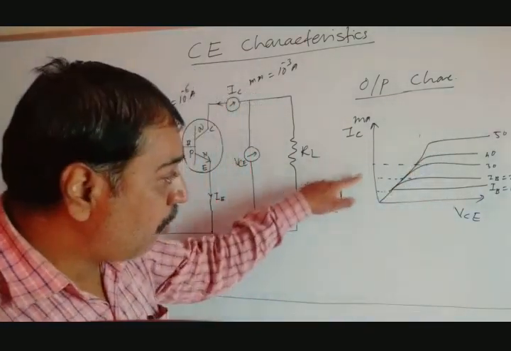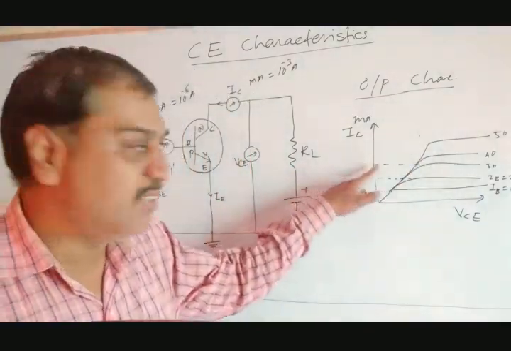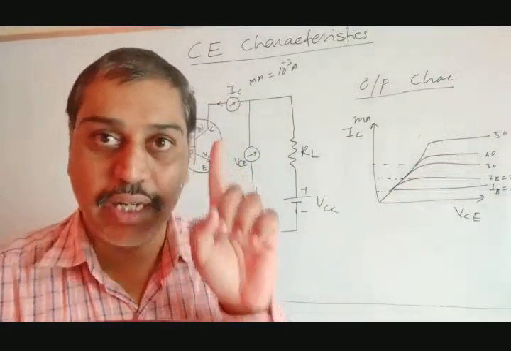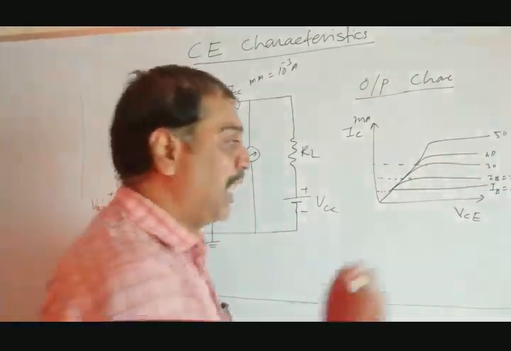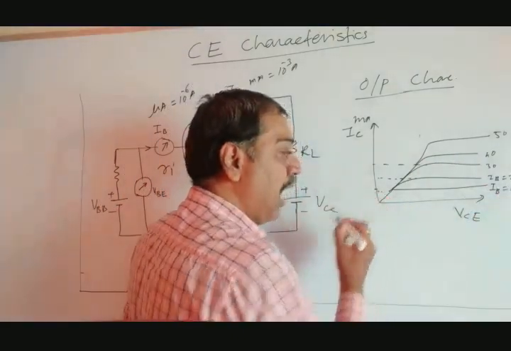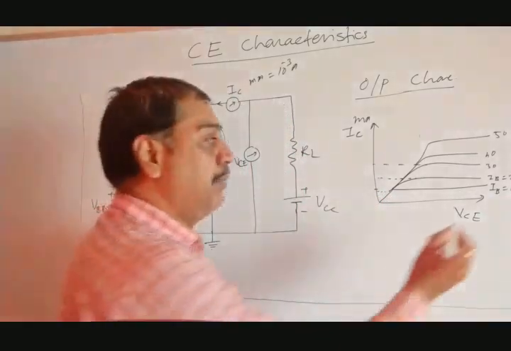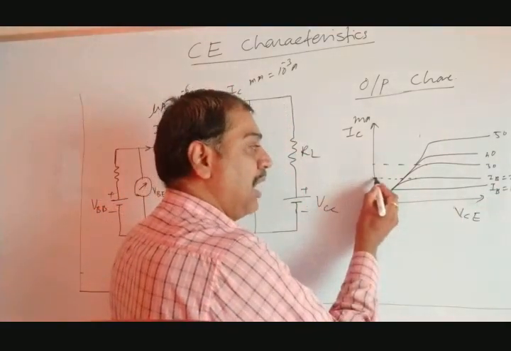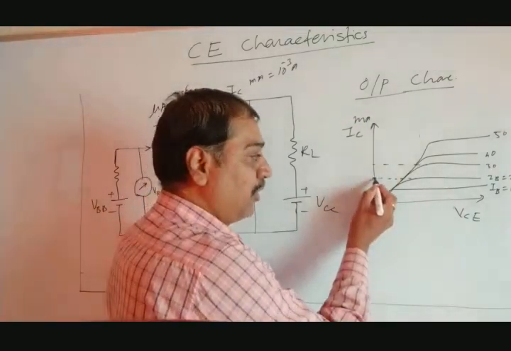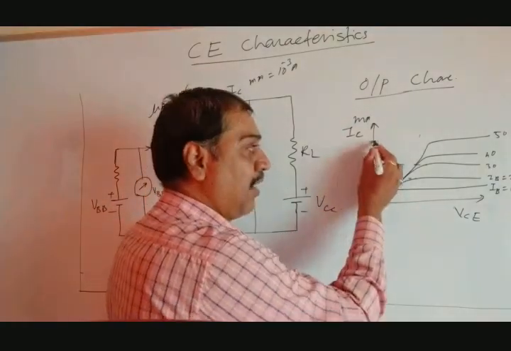That higher value of output current at which it is almost constant, what does it depend on? It depends on the input current value. So we have mentioned IB equal to 10 microampere, IC will be this. IB equal to 20 microampere, IC would be this. So what we can see, as IB increases, this constant value of IC increases accordingly.